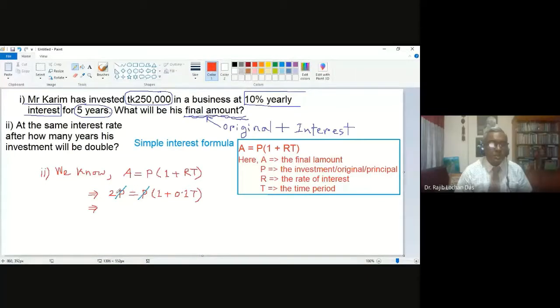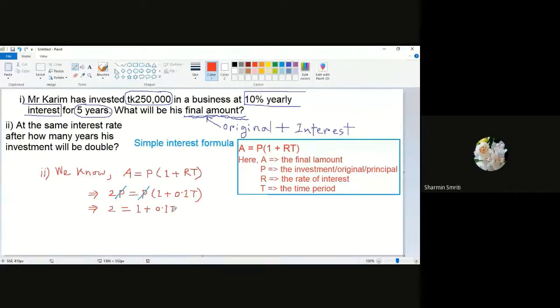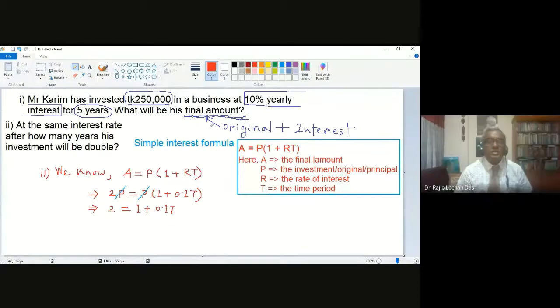In the left side you have only 2, and in the right side you have 1 plus 0.1. Why 0.1? Because 10%. So 10% is 10 by 100, and 10 by 100 is 0.1.